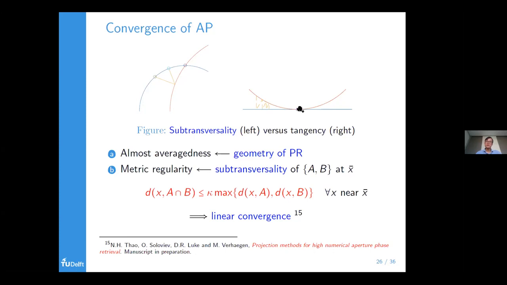We have tangency. Convergence analysis for other projection algorithms can also be obtained, but it's more involved than for the alternating projection. In summary, we can extend the geometry and all the convergence results of scalar phase retrieval to the vector phase retrieval.